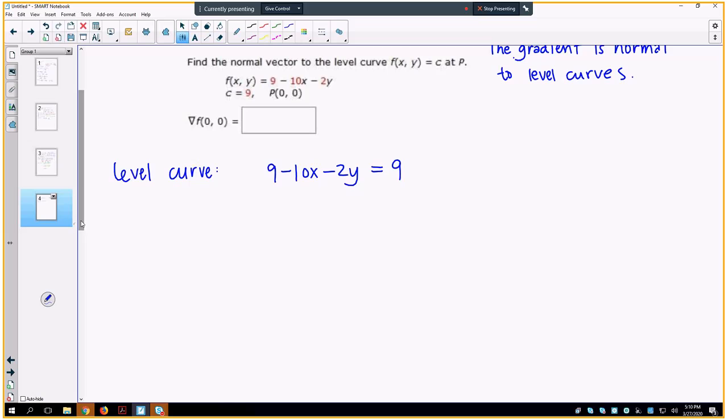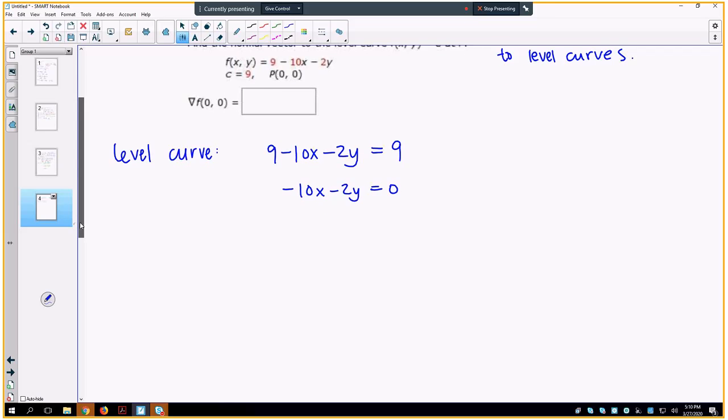So my level curve is actually minus 10x minus 2y equal to 0. So it seems like it's going to be a line. And we're looking for a normal vector. So let's find the gradient of the function.